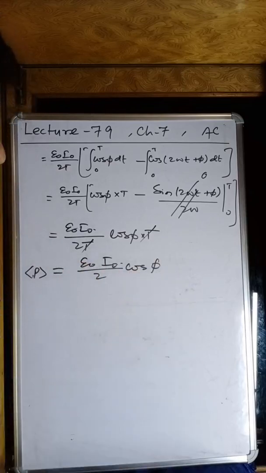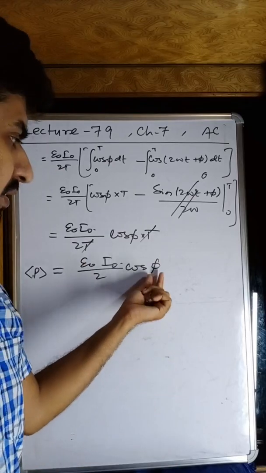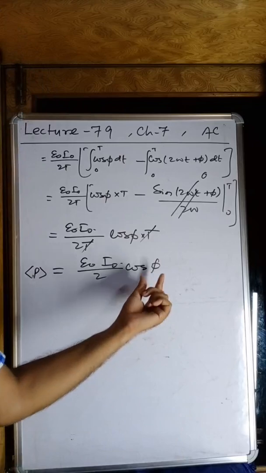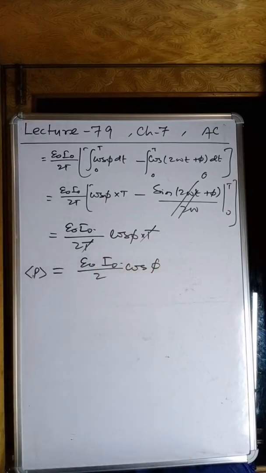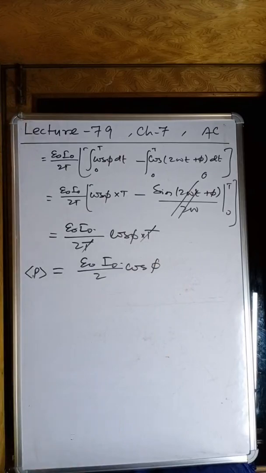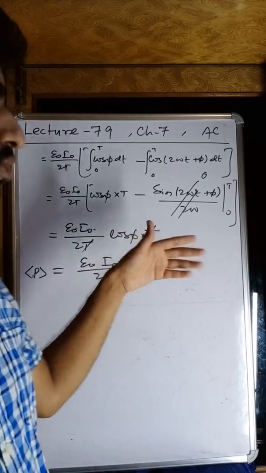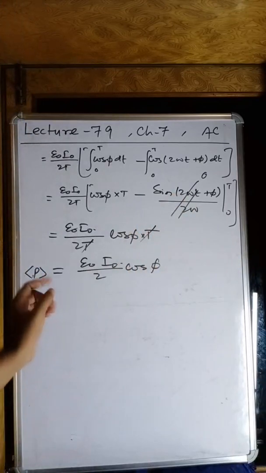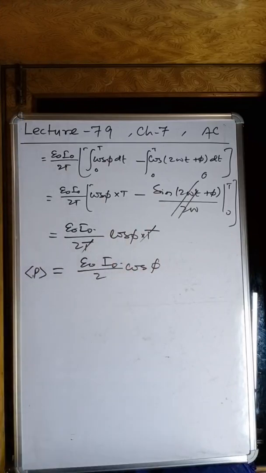but here this cos phi is an extra term, and we know that this phi will change and the entire value will change. Here for cos phi, we know that the cosine value varies from -1 to +1. It means this power will vary like that.